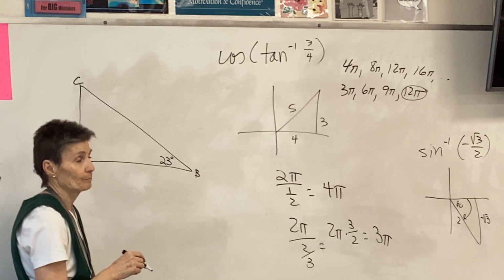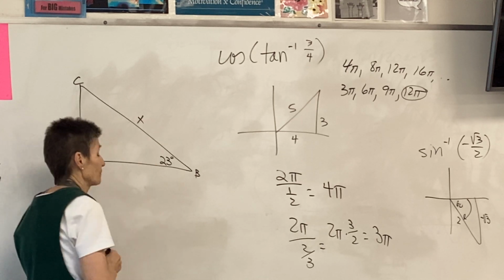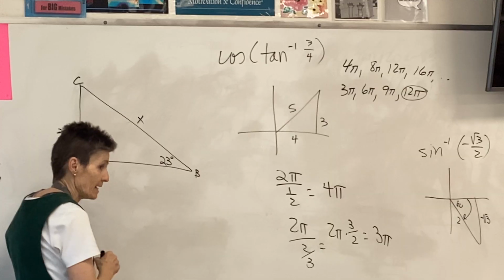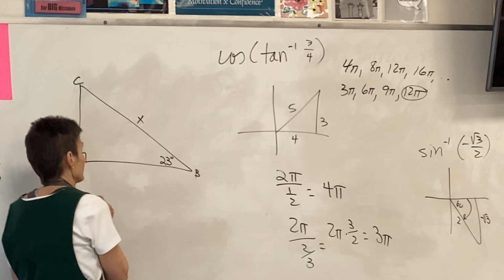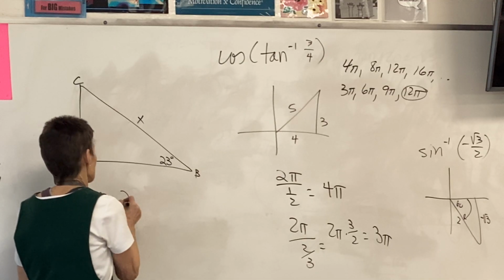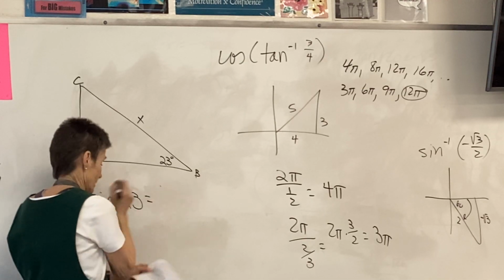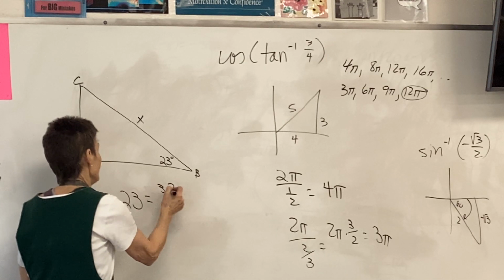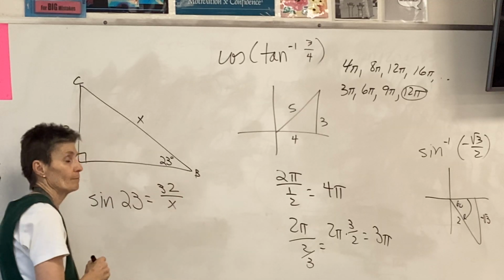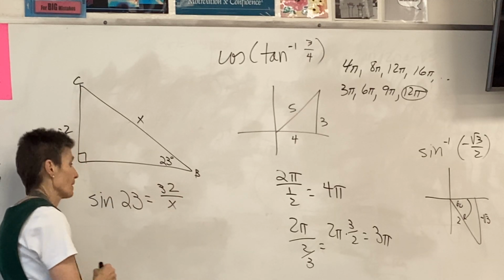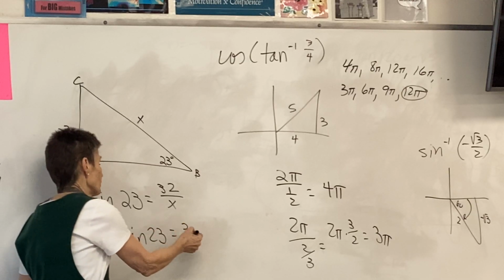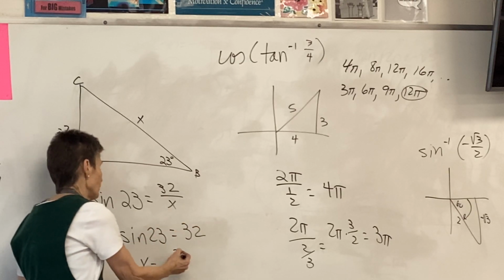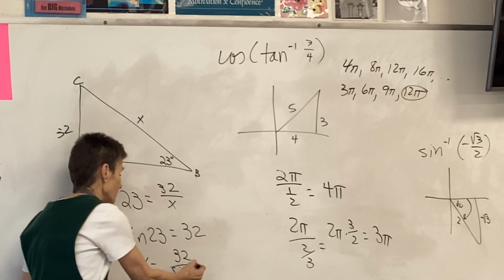Where's X? No, it's not 10. X, sorry. It's sine. Sine 23 equals 32 over X. So X sine 23 equals 32, and X will equal 32 over sine 23.